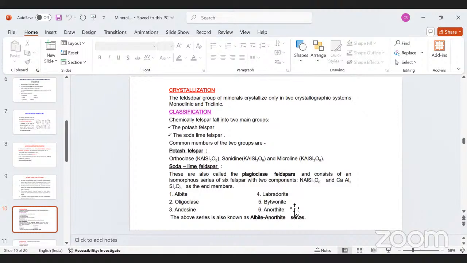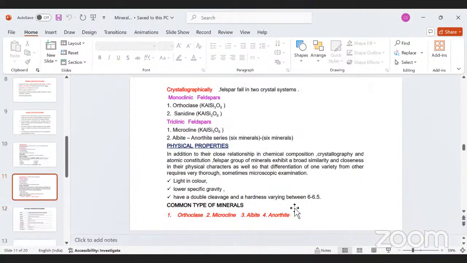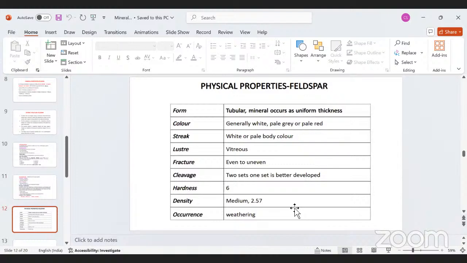It is known as the albite-anorthite series. Anorthite, bytownite, labradorite, andesine, oligoclase, and albite. These are just examples of what I'm telling you.